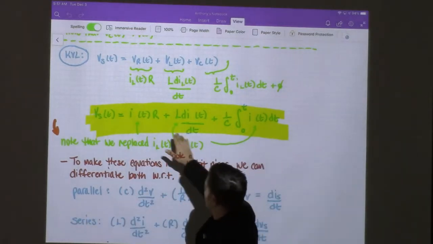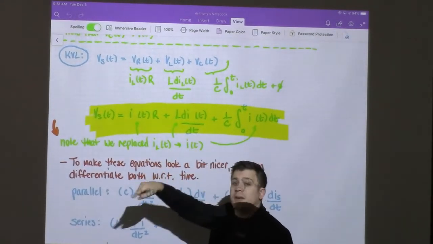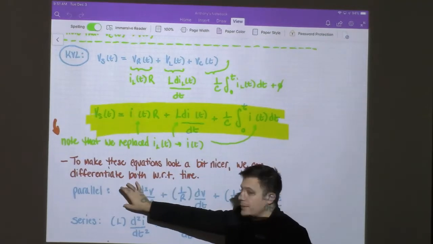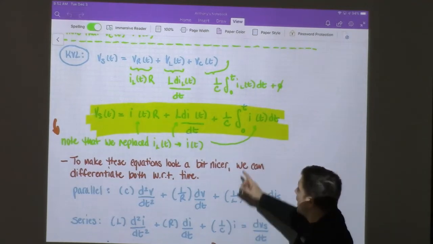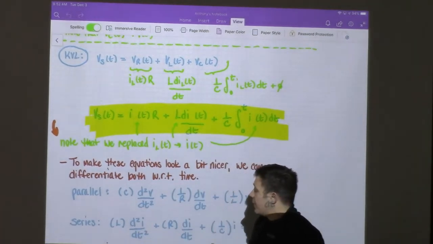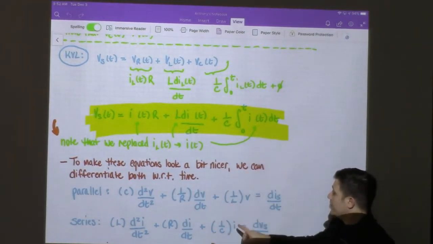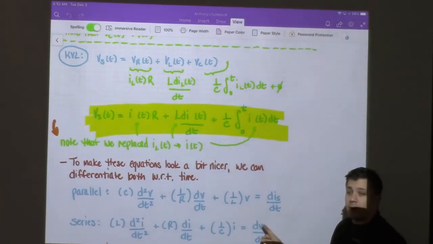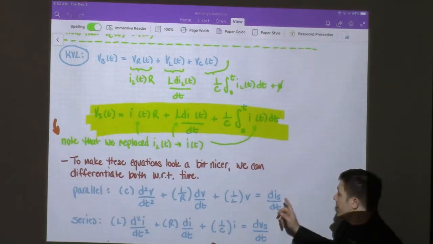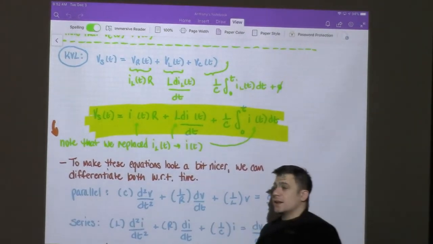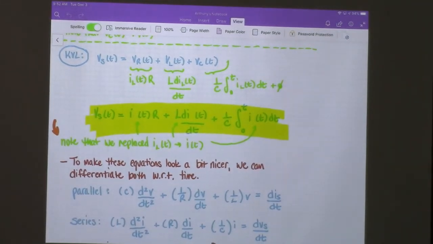Then our regular function will become a first-order derivative, and our first-order derivative will become a second-order derivative. So for the series circuit, which is the one we have right here, we'll have L times the second-order derivative of I, plus R times the first-order derivative of I, plus 1 over C times I. And we can't forget that we also have to take the derivative of the source that's being applied. This right here is doing the same thing to the parallel circuit expression.